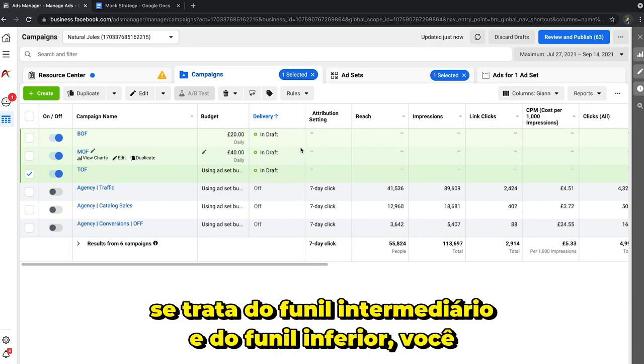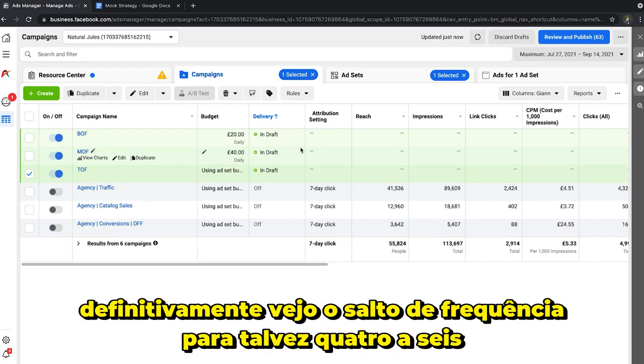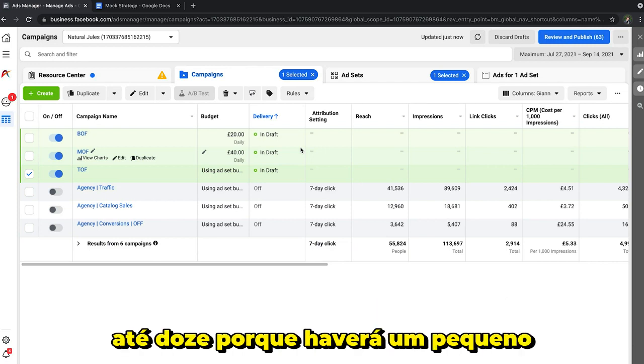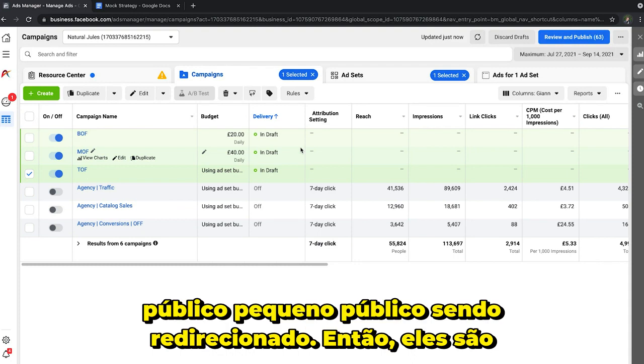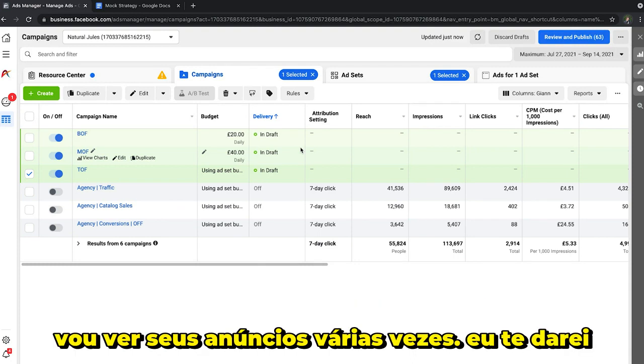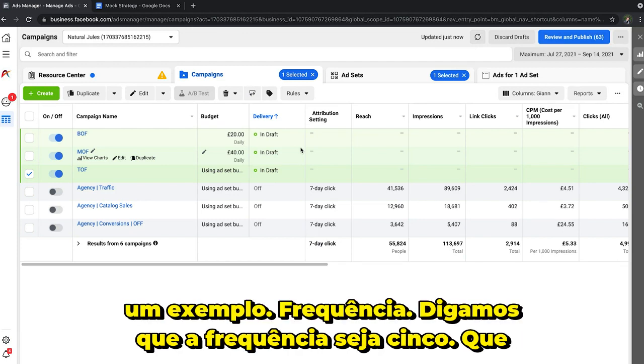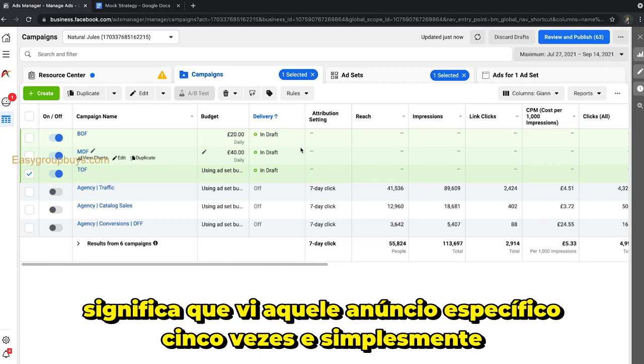When it comes to the middle funnel and bottom funnel, you'll definitely see the frequency jump to maybe a 4 to 6, even up to a 12, because there's going to be a small audience being retargeted. So they're going to see your ads multiple times. I'll give you an example. Let's say the frequency is 5. That means I've seen that specific ad 5 times.